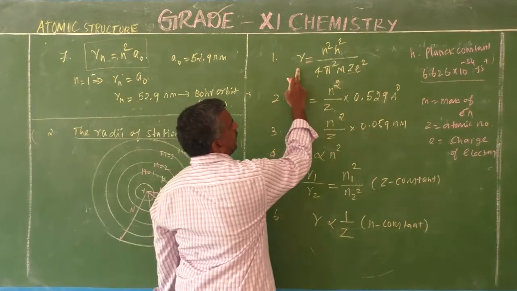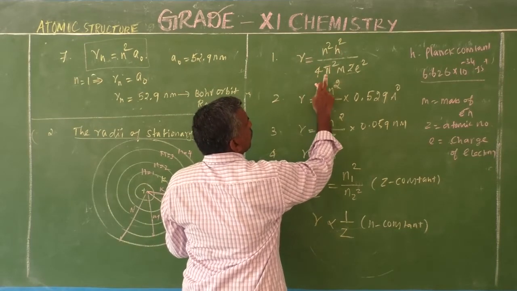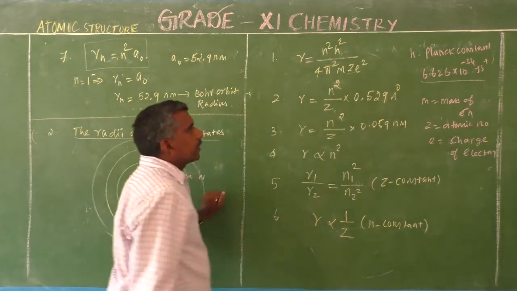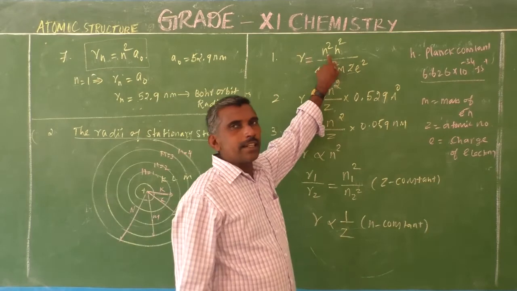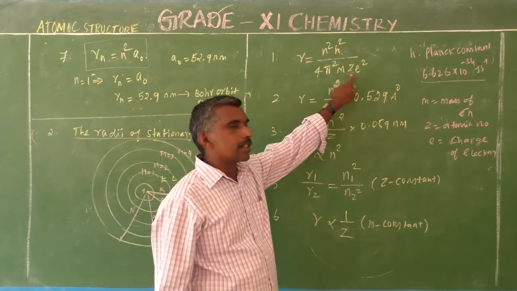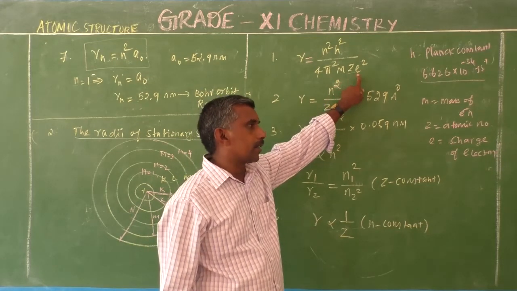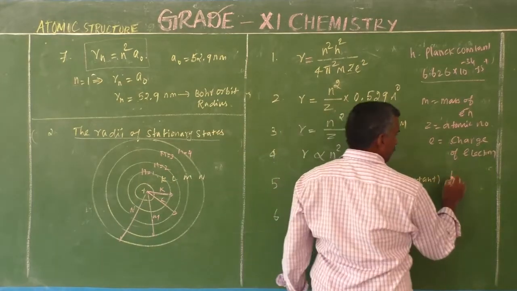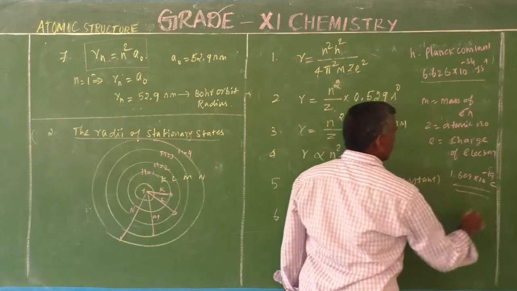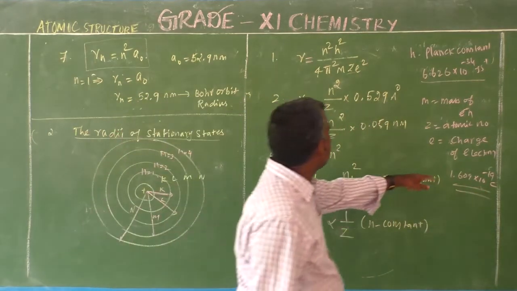So the radius of orbit is equal to n squared h squared by 4 pi squared m z e squared. Here n is the shell number, h is Planck's constant, m is the mass of the electron, Z is the atomic number of the element, e is the charge of electron, 1.602 into 10 power minus 19 coulomb. Later we will discuss this.